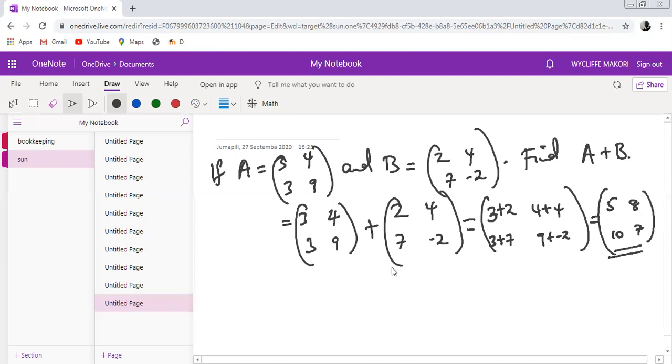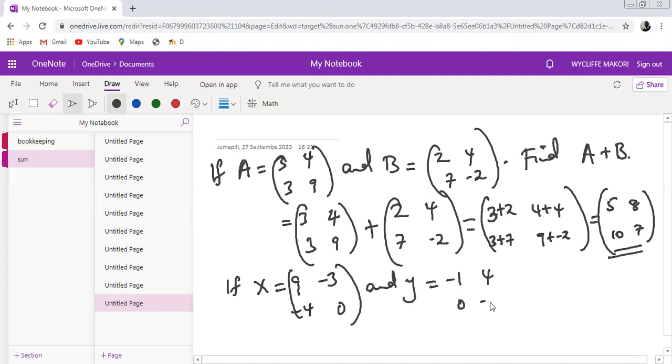The same is normally done when we have subtraction. Now you can be told if x is equal to 9, negative 3, negative 4, 0, and y is equal to negative 1, 4, 0, negative 5. Now you are asked, find x minus y.